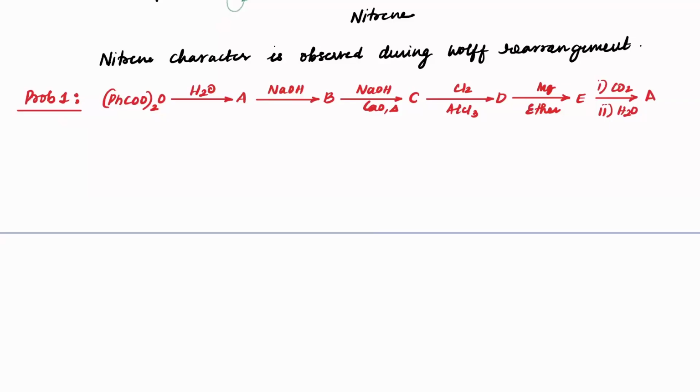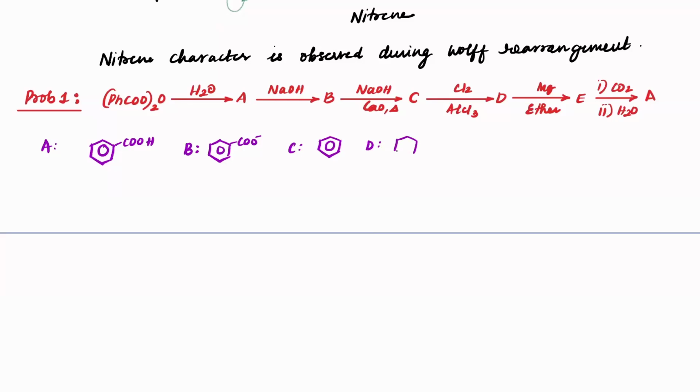Look, first A. After hydrolysis, I'm sure you must know that we are getting benzoic acid. B is benzoate ion, COO minus. C is soda lime decarboxylation, so I'll get benzene.